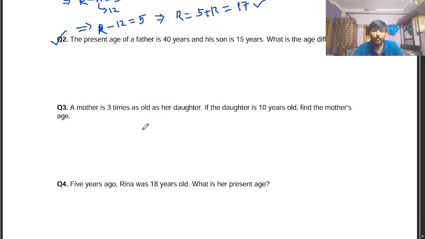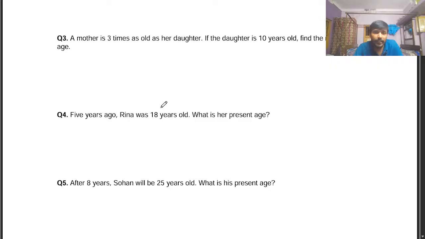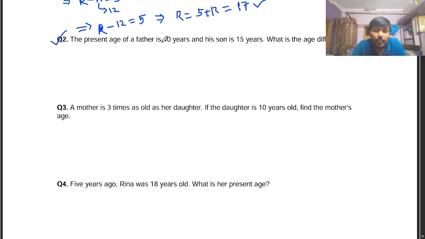Question number 2. The present age of a father is 50 years and his son's age is 15 years.